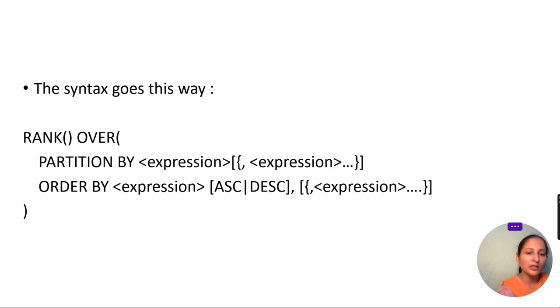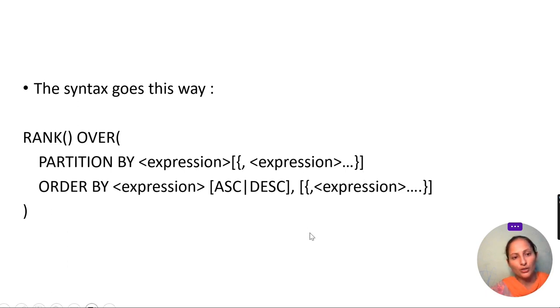You can write ascending or descending. If we want ascending order, we have to mention ascending, otherwise it is descending. By default, if you do not mention anything, as I already told you in my last class, it means ascending order. So this is a brief on the syntax of the rank function.